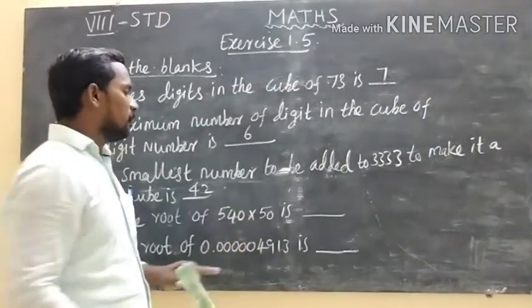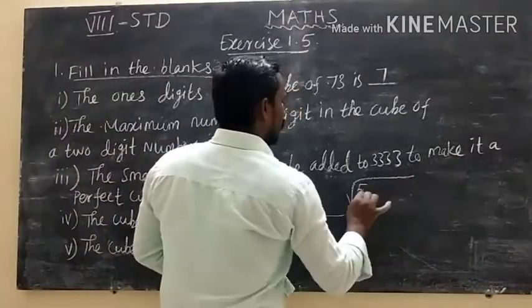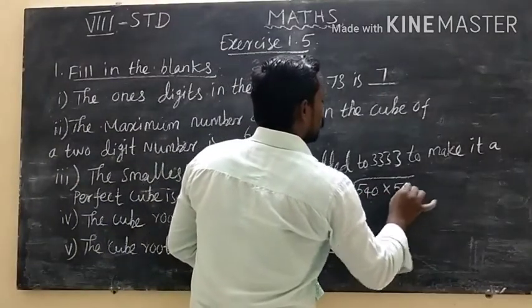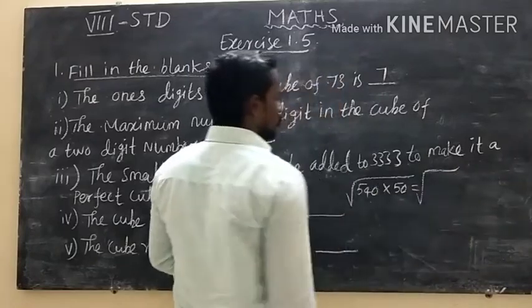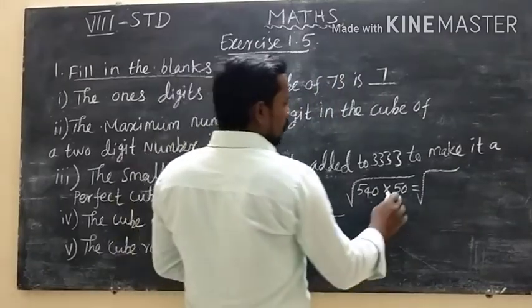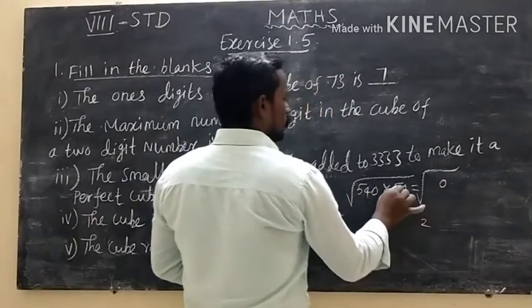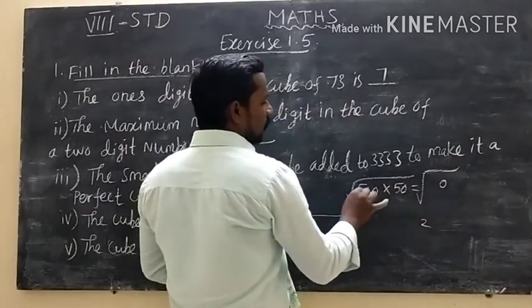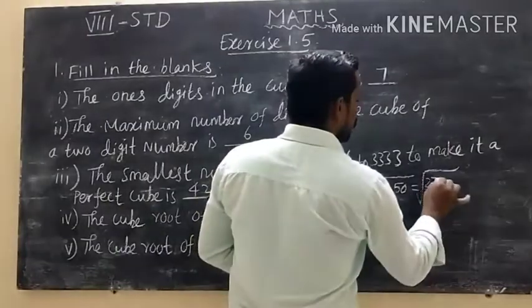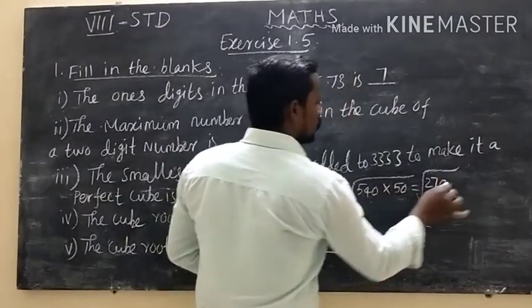Then the cube root of 540 into 50. Multiplying, 5 fours are 20, 5 fives are 25 plus 2, 27, then 2 zeros.